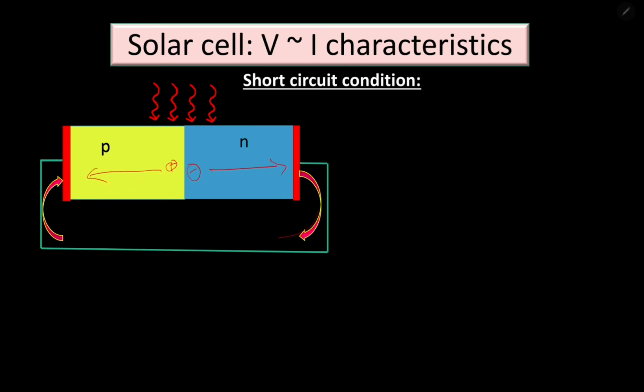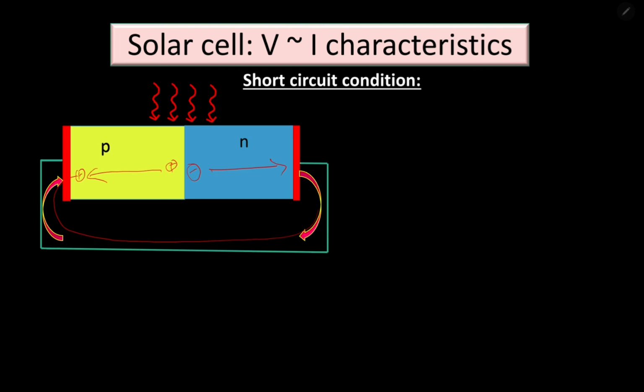Once the electron reaches over, it will combine with the hole present at the P side. That means there is a continuous flow of carriers and there is no resistance over here. So their motion is not stopped by anything. We are getting a free flow of carriers from one side to the other side.